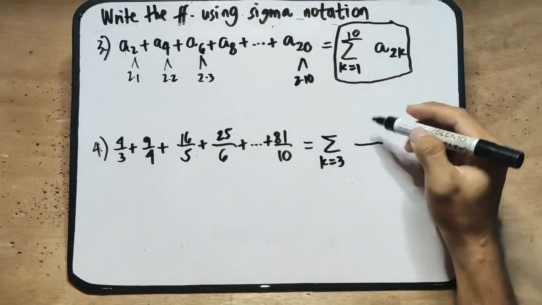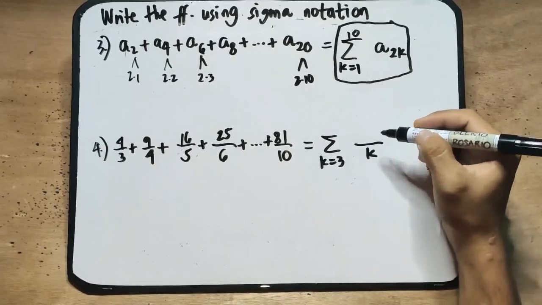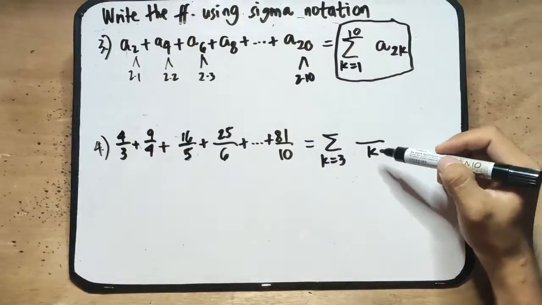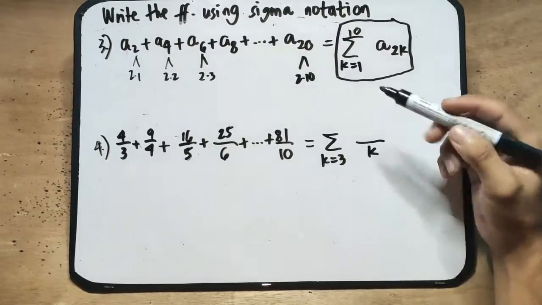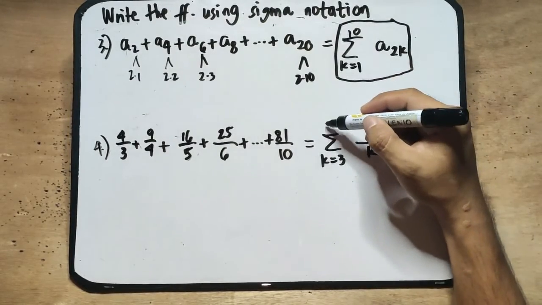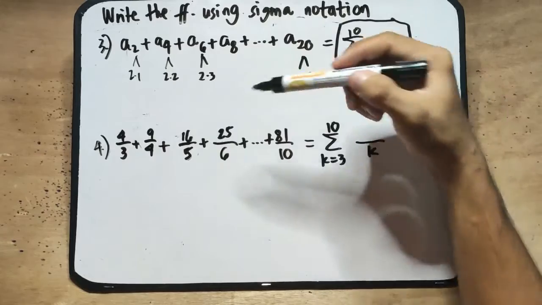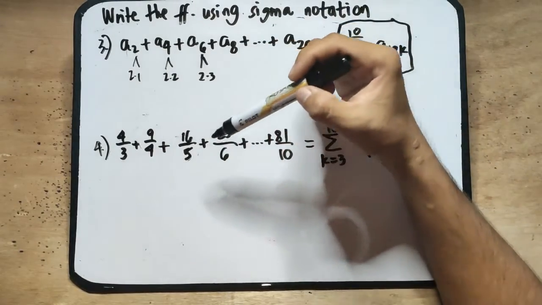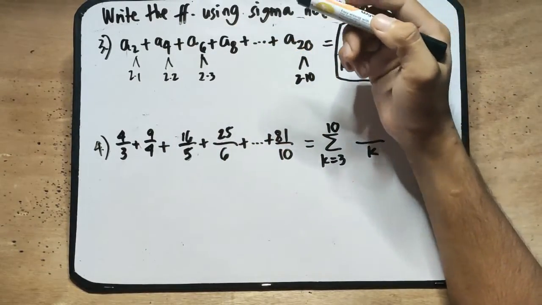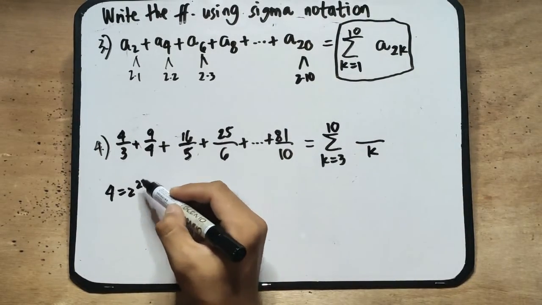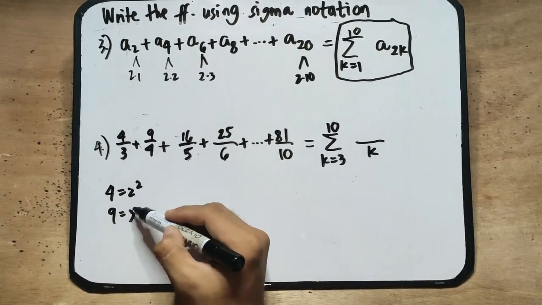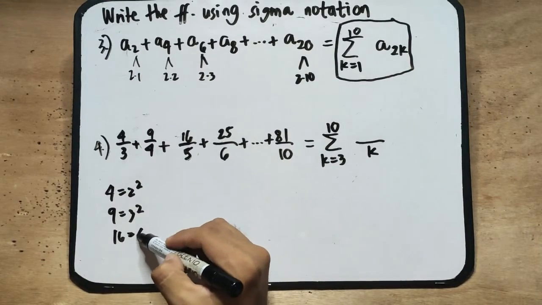So, at ang kanyang denominator ay, syempre, k. So, definitely, yung panghuling item ay yung kanyang upper limit ay 10. So, observing din na yung mga numbers na sa taas ay perfect squares. So, like si 4 ay si 2 squared. Si 9 ay 3 squared. Si 16 ay 4 squared.